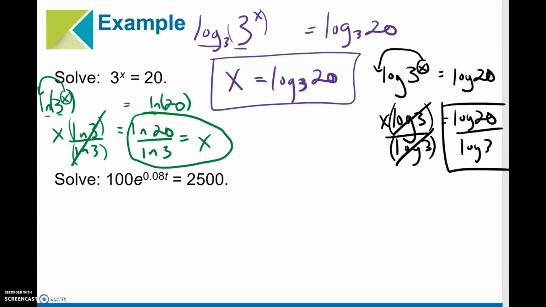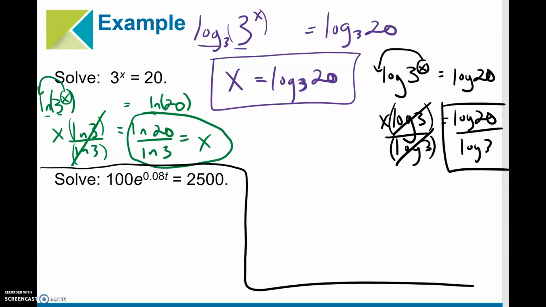Okay, so that means x equals the log base 3 of 20. That's correct if we took the log base 3 of both sides. The advantage of that is that it's less algebra. It's one less step. And the other advantage is we like this property.